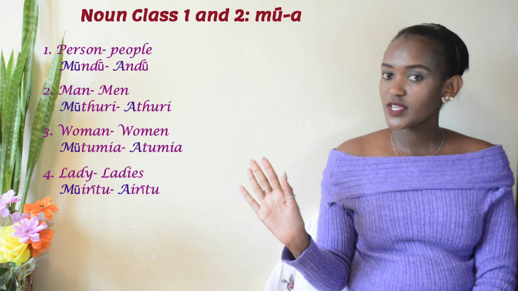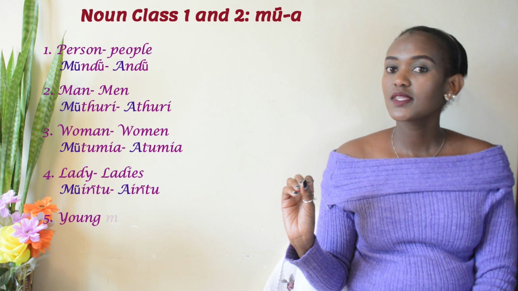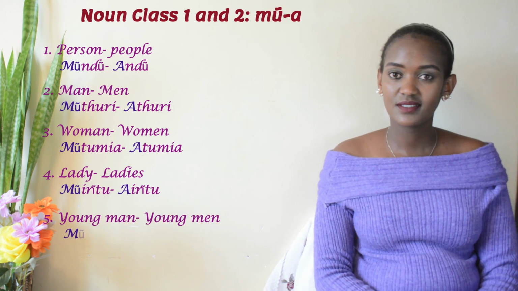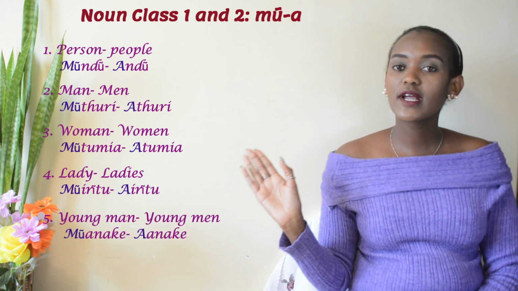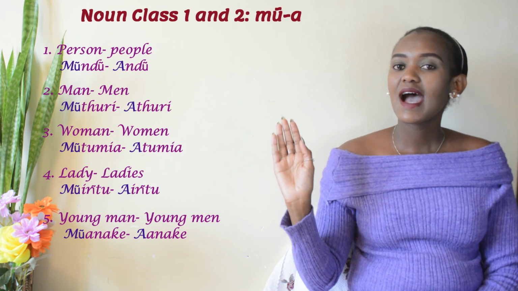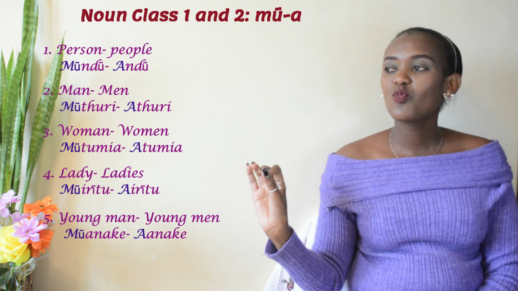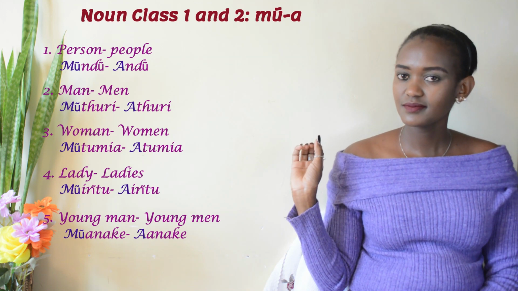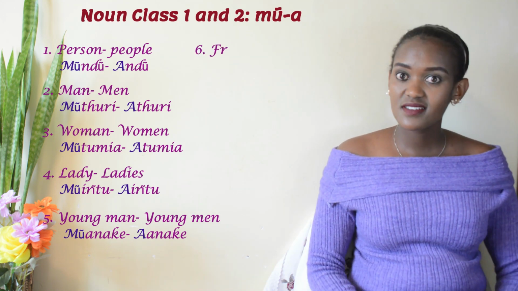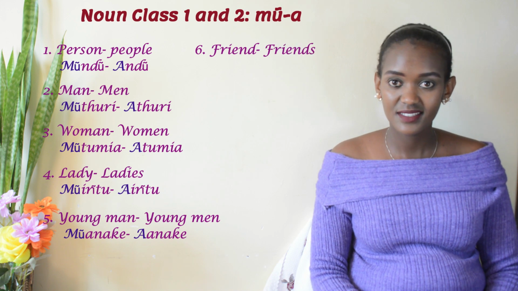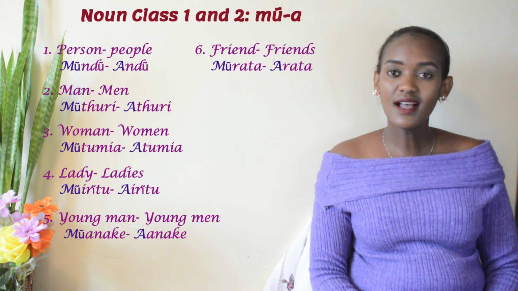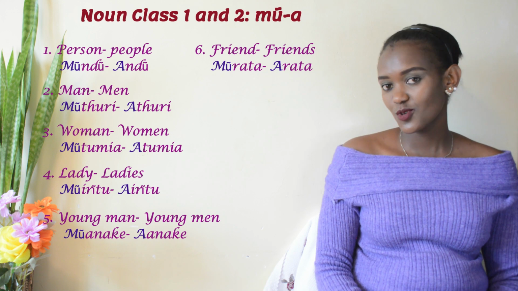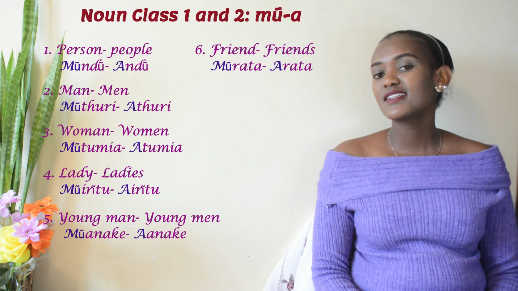Number 5, we have a gentleman, mwanake, anake. Mwanake, anake. 6, we have a friend, murata. So the plural, arata.